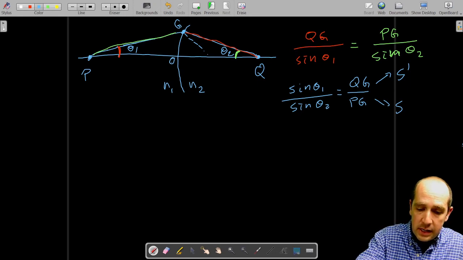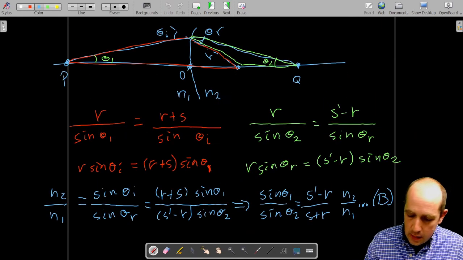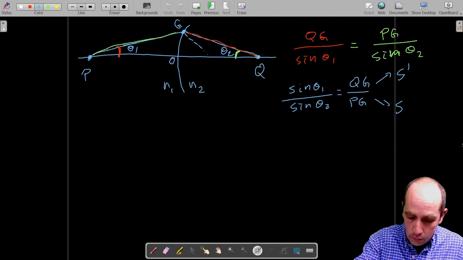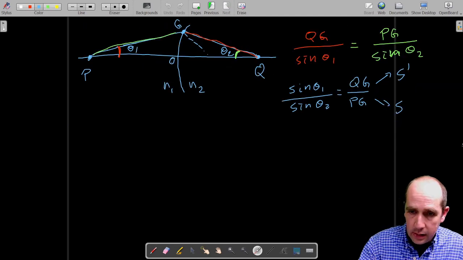So from equation B, and let me go 2 slides back, from equation B here, we can obtain the following.